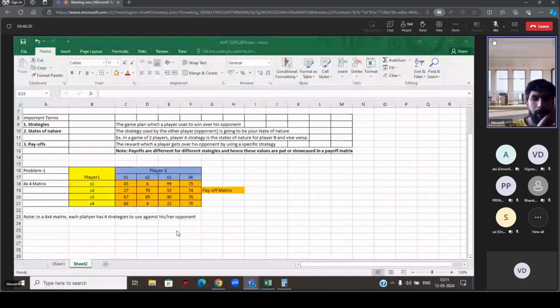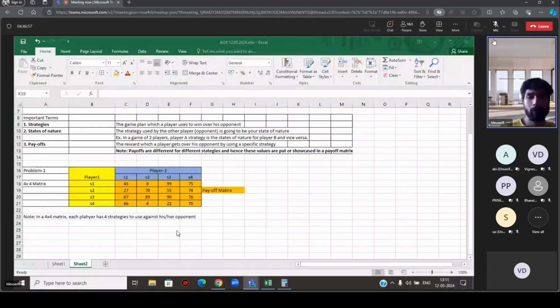So what I'm trying to say here is, this matrix is called the payoff matrix. Any values inside it are the payoff matrix. So player 1 has 4 strategies, player 2 has 4 strategies because it's a 4 cross 4 matrix. In case it is a 5 cross 5 matrix, then each player will have 5 strategies.